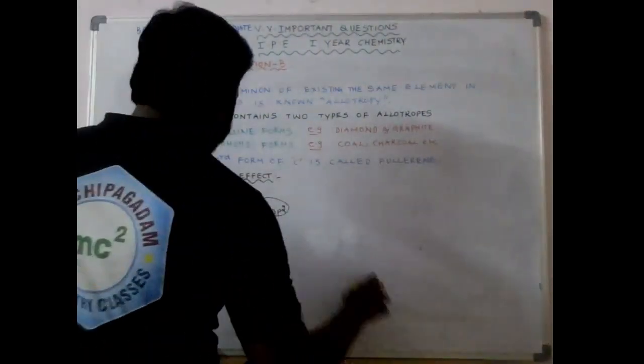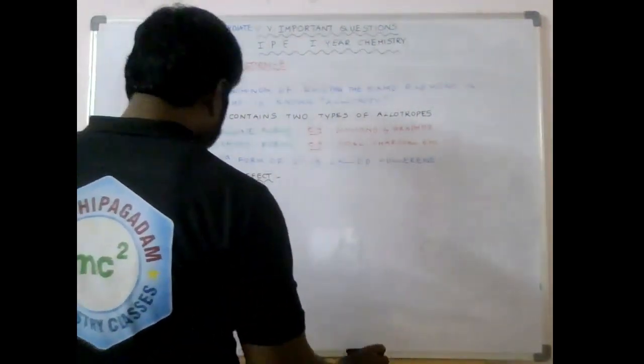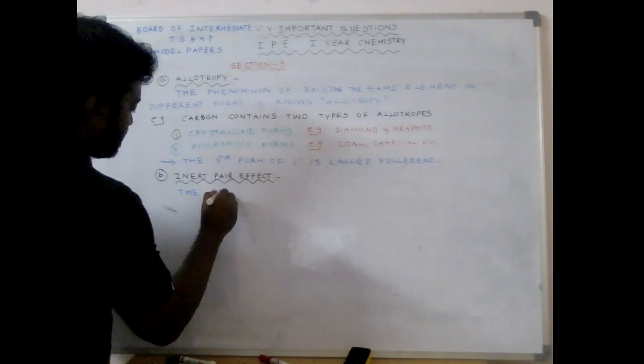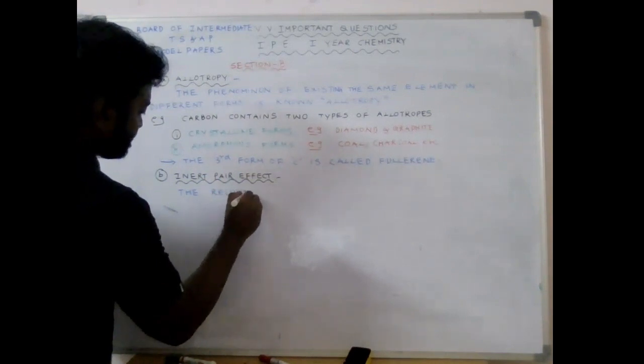So let's write the definition. How can you write this? The reluctance, that word you have to use, or lack of interest, you may say in any way.